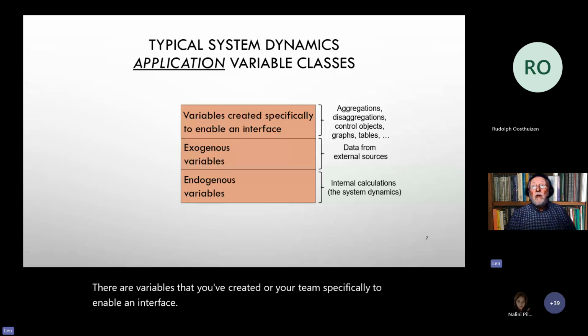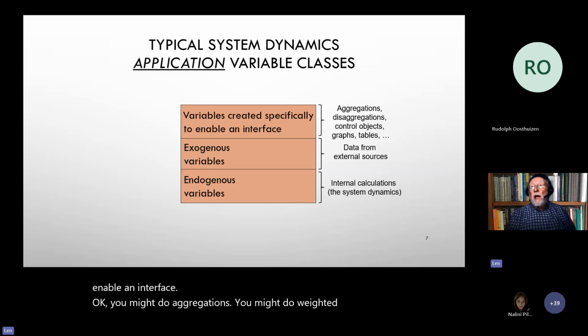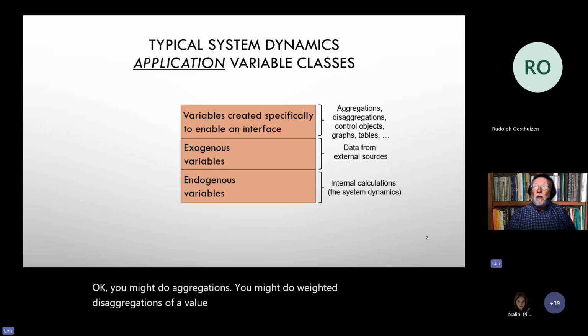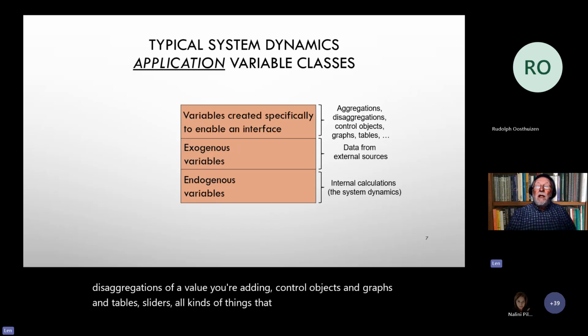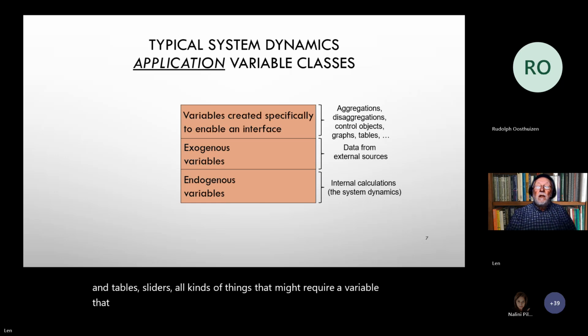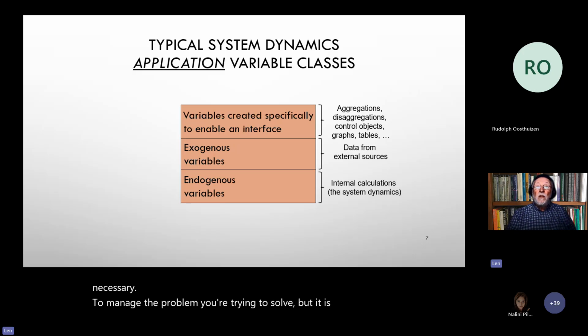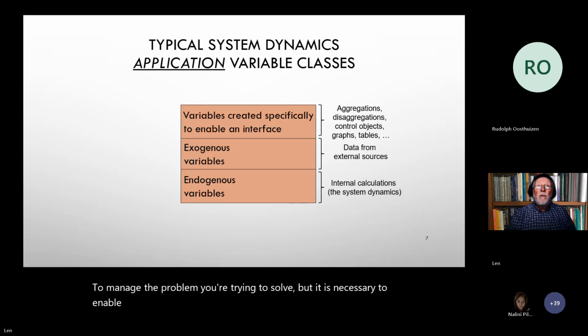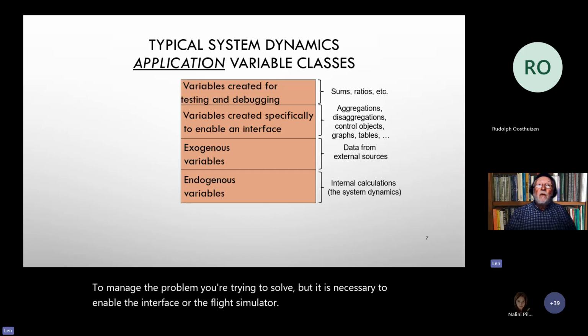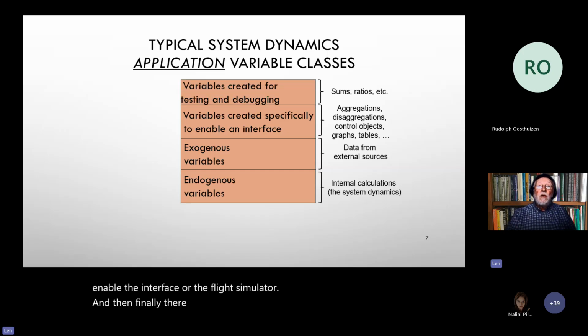You might do aggregations, you might do weighted disaggregations of a value, you're adding control objects and graphs and tables, sliders, all kinds of things that might require a variable that isn't really necessary to manage the problem you're trying to solve, but it is necessary to enable the interface or the flight simulator. And then finally, there are the variables that you yourself create for testing and debugging.